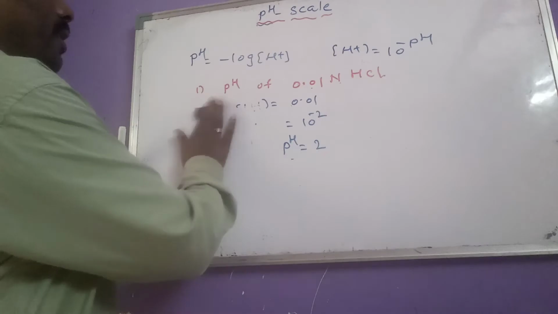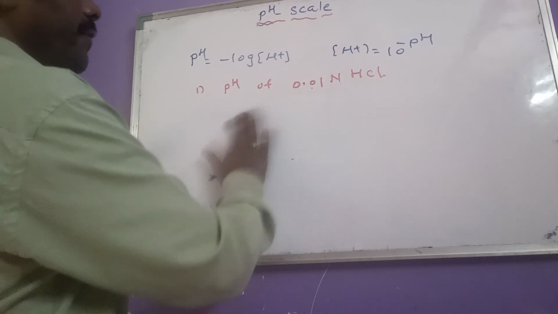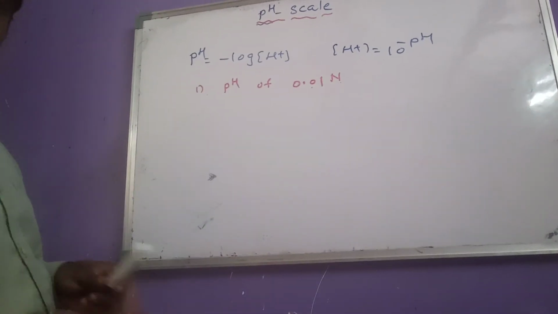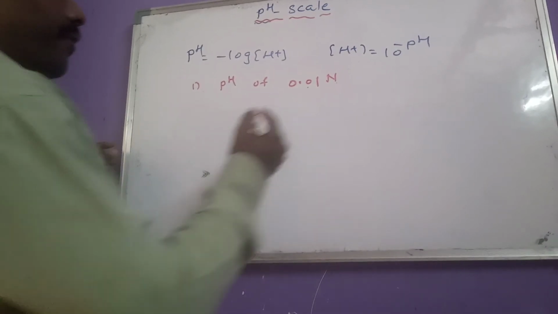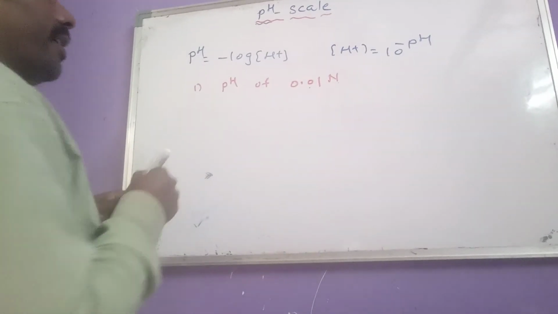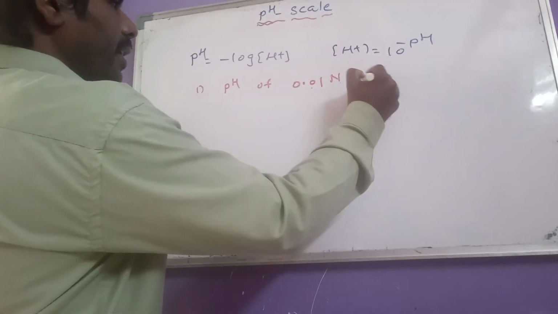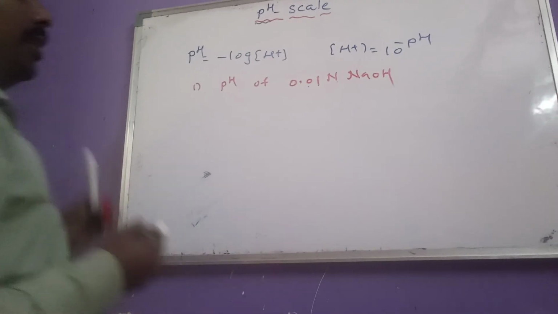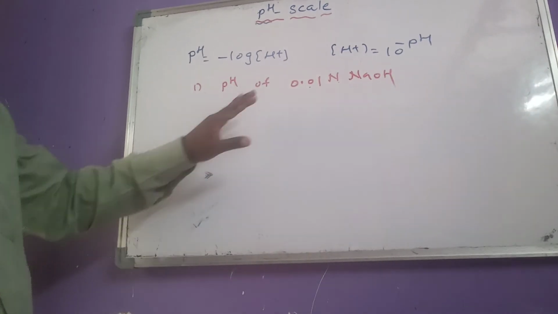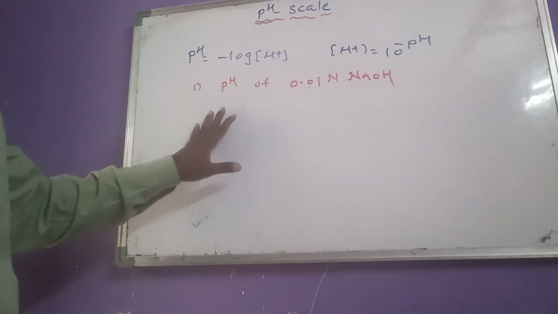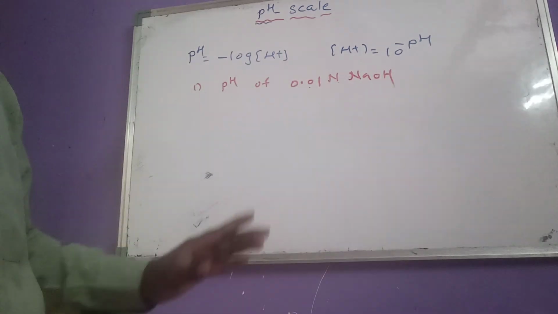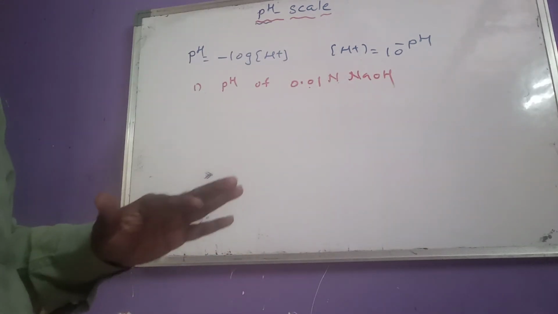Okay, now if bases are given instead of an acid, how to solve that question? Let us see here. First, 0.01 N, now they have given NaOH solution. What is the pH? Let us calculate. But before going to the calculation of pH, we have to observe whether the given substance is an acid or a base.